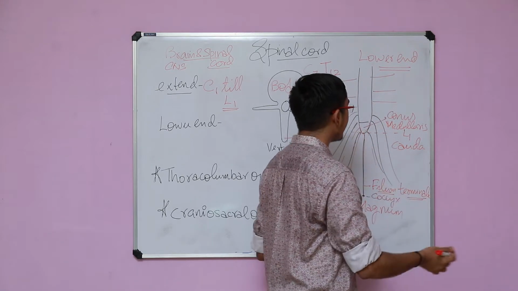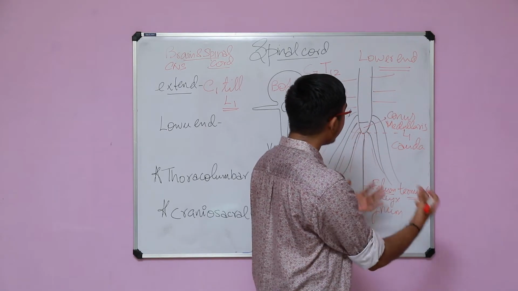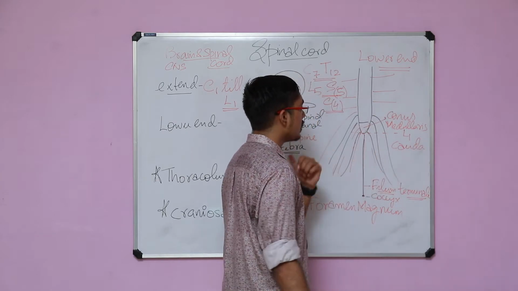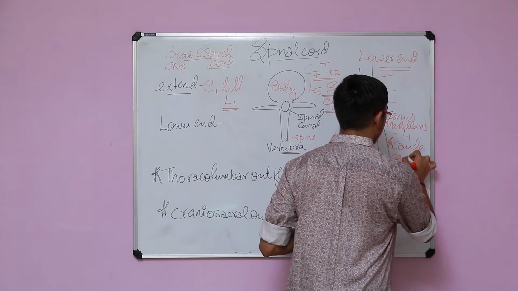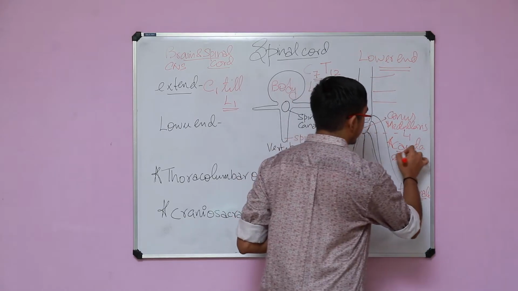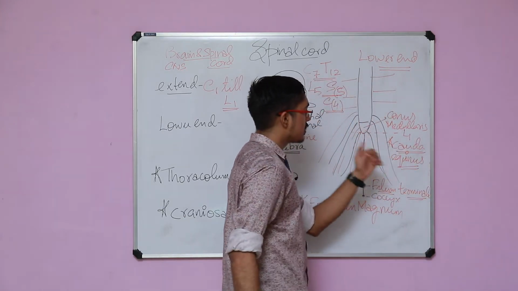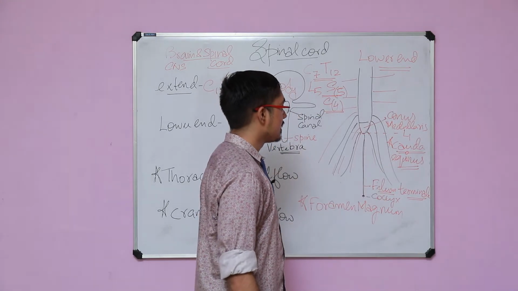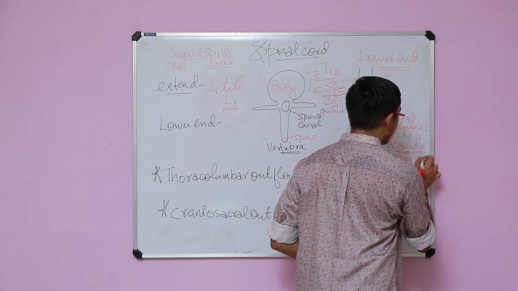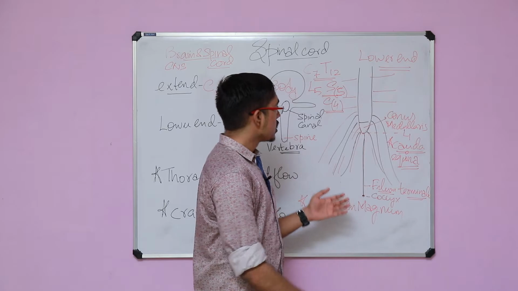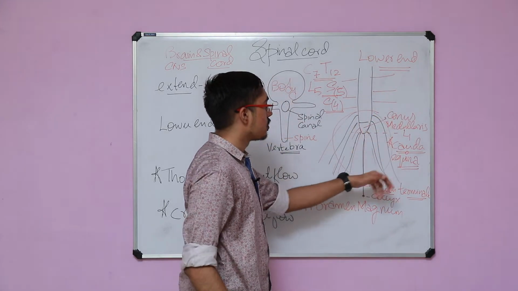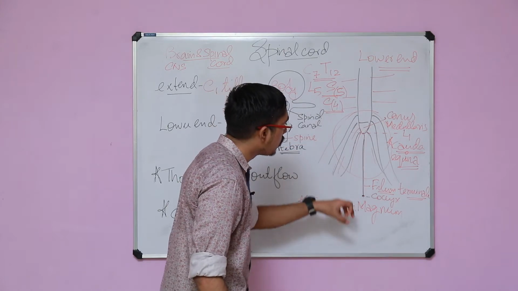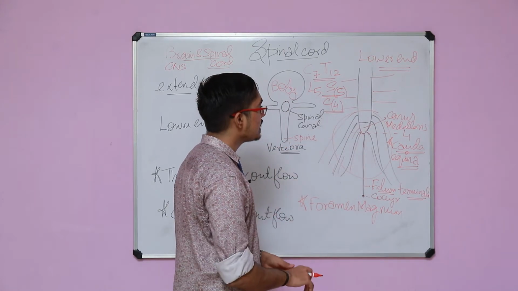Cauda means caudal end or the tail. It means the tail of the horse, isn't it? So equinus means horse. So it is actually looking like the caudal part of equinus, or the tail of equinus. That is, cauda equina is all the other nerves together. This particular bunch of nerves together, you will call it cauda equina, which has to come out at a lower level once the spinal cord is ending at L1.